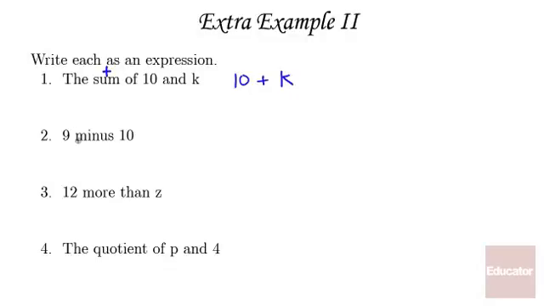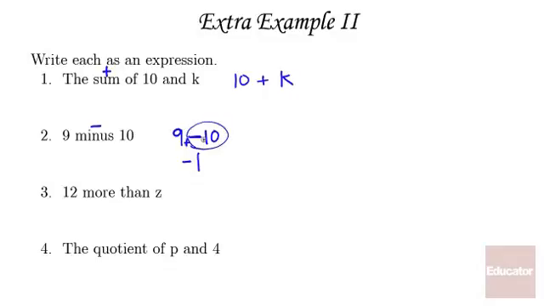9 minus 10. This is minus, and you're just writing it using the actual operations like that. This one again you can simplify because you're just subtracting two numbers. So this is 9 minus 10. If you do 9 minus 10, it's not 1, it's actually going to be negative 1. Here we have a positive number, and this minus is actually going to be part of this number. The sign goes with whatever's behind it. This becomes a negative 10.